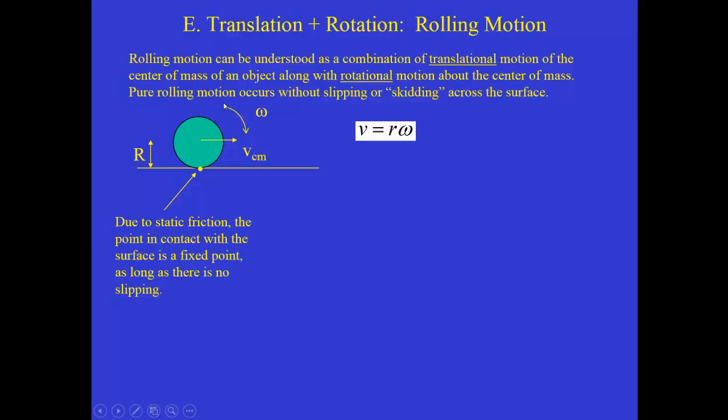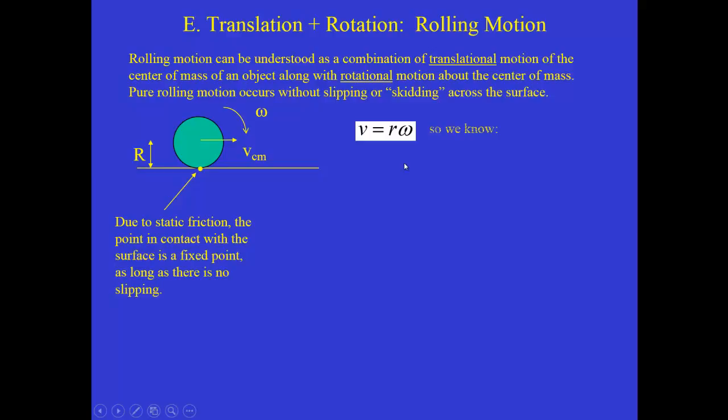So omega is the rotational velocity of that object, and if we realize that the velocity of a point on the object is equal to its distance from the axis multiplied by omega, if we think of the axis being at the point of contact, which is the fixed point, then v center of mass is equal to that distance r times omega.